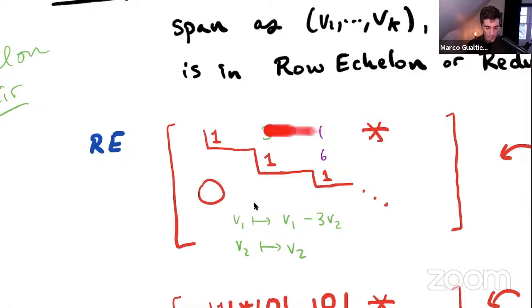So because I'm now screwing around with V1, if I had cleared this first and had row 1 the way I wanted it, now if I clear this one, I'm going to change V1 again.